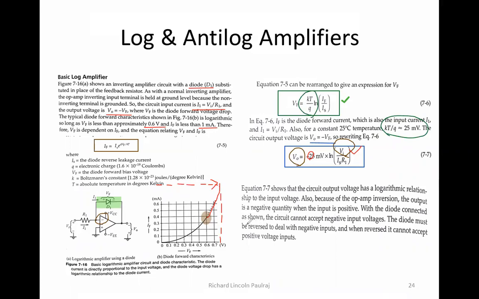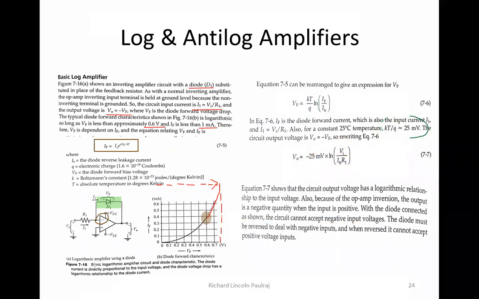Can you tell me why we cannot accept negative input voltages? If in case there is a negative input voltage, then what happens? Students, what happens if there is a negative input voltage given?